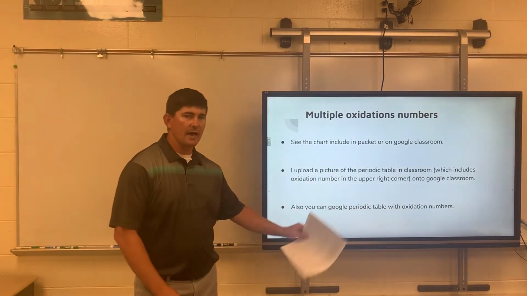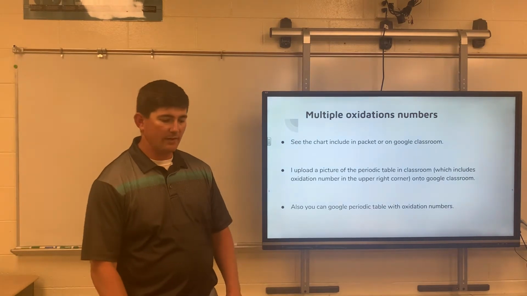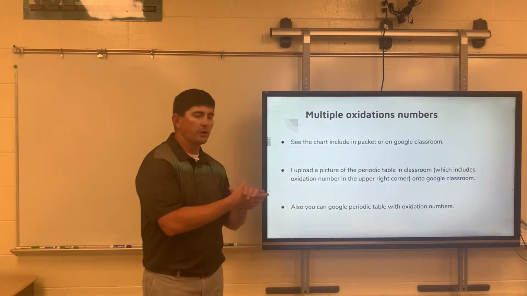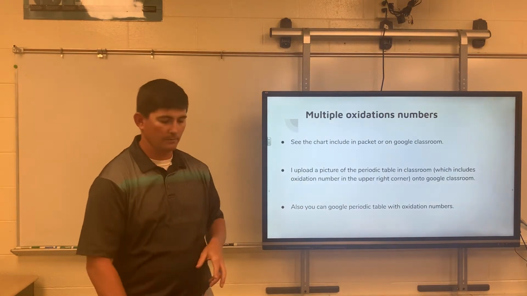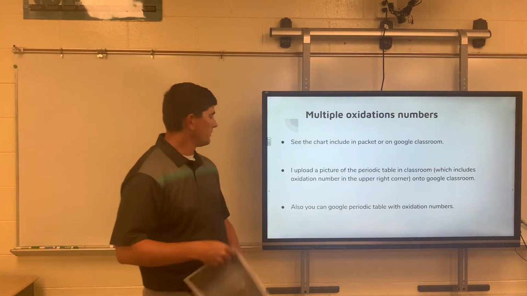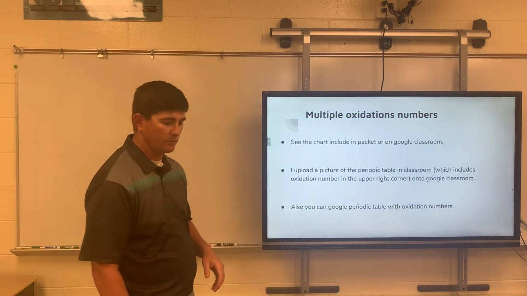Hopefully you can use that. If not, you can just Google search for periodic tables with oxidation numbers. Hopefully you can find one that'll work for you. But honestly, as far as the metals go, this chart should serve your purpose.